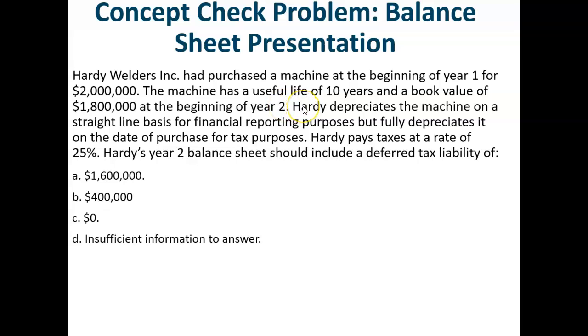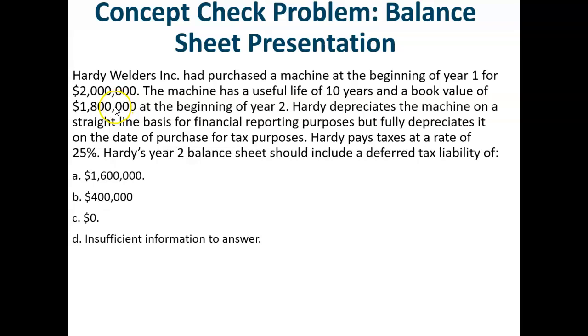Hardy depreciates the machine on a straight-line basis for financial reporting purposes, but fully depreciates it on the date of purchase for tax purposes. Hardy pays taxes at a rate of 25%. Hardy's Year 2 balance sheet would include a deferred tax liability of what?